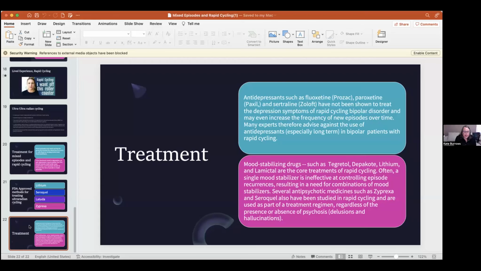Generally speaking, if you are on any sort of antidepressant and you have bipolar disorder, you should definitely be on either an antipsychotic, which has mood stabilizing properties, or one of the traditional mood stabilizing drugs. This is lithium and the anti-seizure medications.